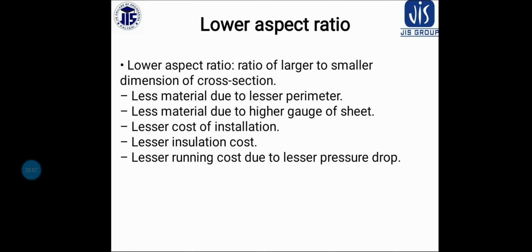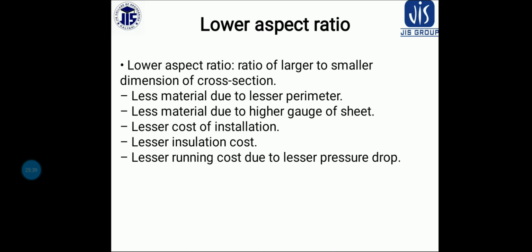As the aspect ratio increases, more material surface is required for the duct for the same cross sectional area, isn't it? If the aspect ratio increases, more metal surface is required for the same cross sectional area. Thus, higher aspect ratios increase not only the initial cost but also the operating cost by way of increased heat gain or loss.